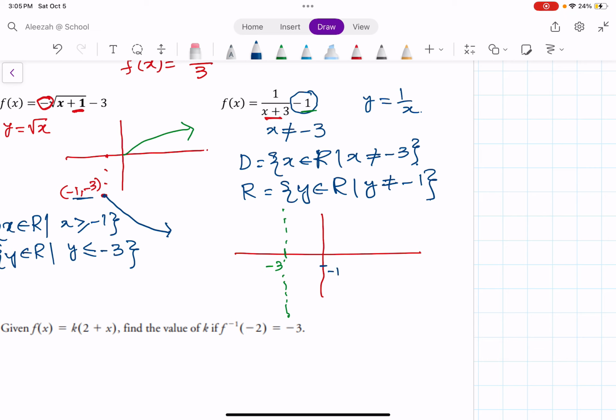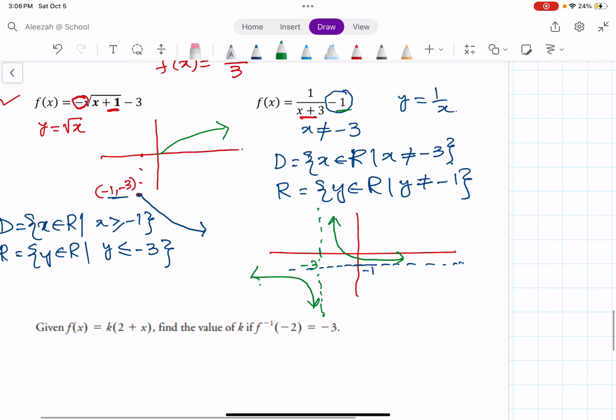And you know that there is no reflection, so the graph will be here and all the way here, right? Okay, so that was about the reciprocal function.